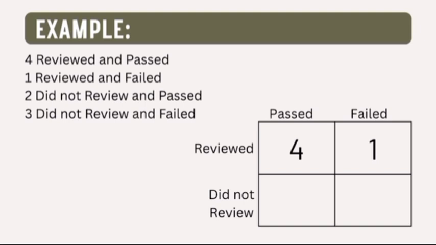Next one, 2 students did not review and passed, so we place the number 2 where did not review and passed meet. Lastly, 3 students did not review and failed, so we place the number 3 where did not review and failed meet. So now, our table is complete, but it is not the end.